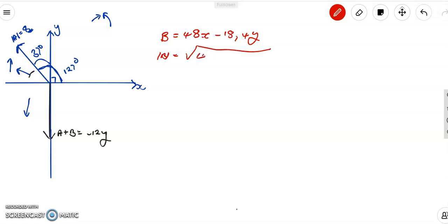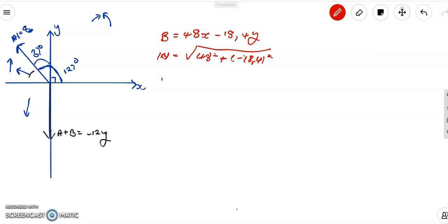So it's the square root of 4.8 squared plus negative 18.4 squared.